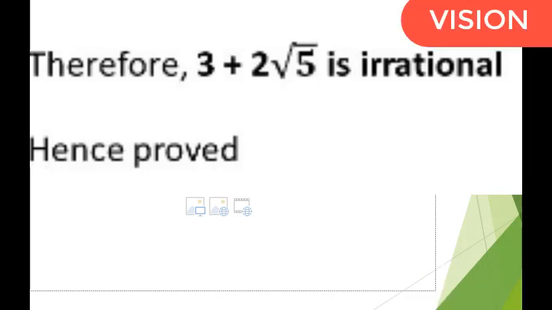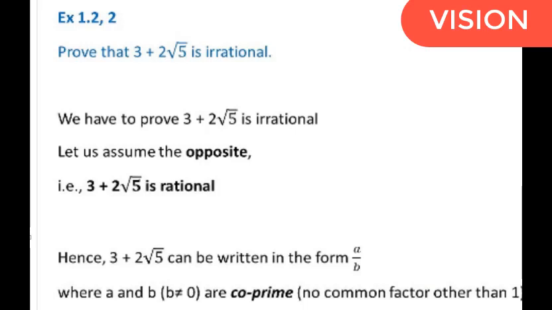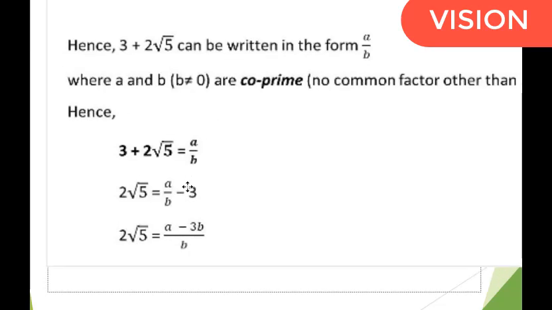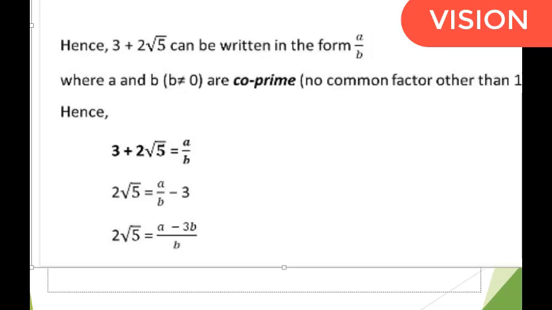Again I am repeating this problem. We have to prove that 3 plus 2 root 5 is irrational. First we take the assumption as the opposite, because this is an irrational number. So we put 3 plus 2 root 5 equal to a by b, and a by b is a rational number. Now we rearrange the equation, step number 2.